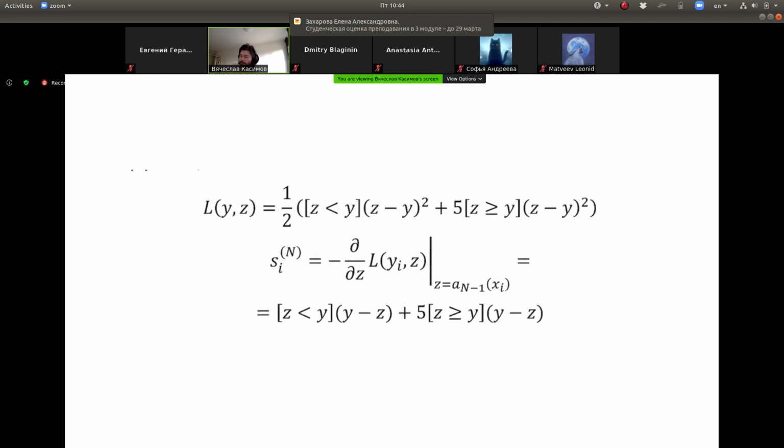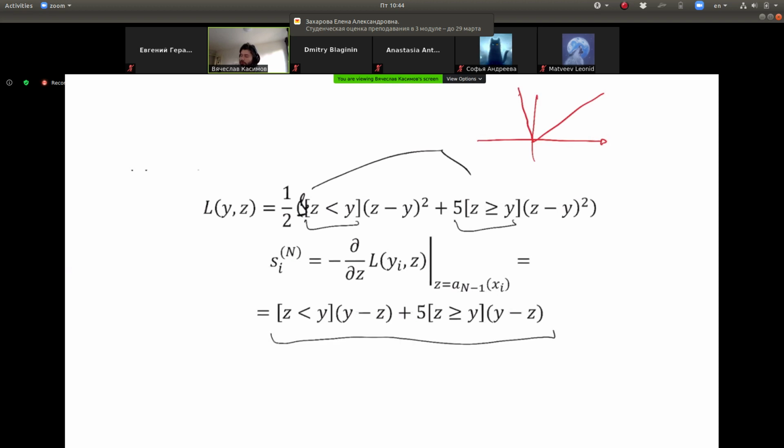Okay, we then consider this one for regression. Of course, as a human being, I draw a symmetric case. Let's do the same. It looks like this guy. We have indicators here, but we just take the derivative, and so this is our derivative.